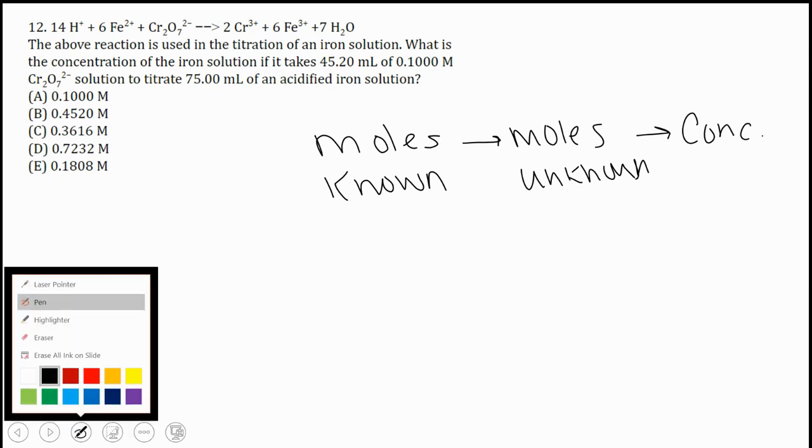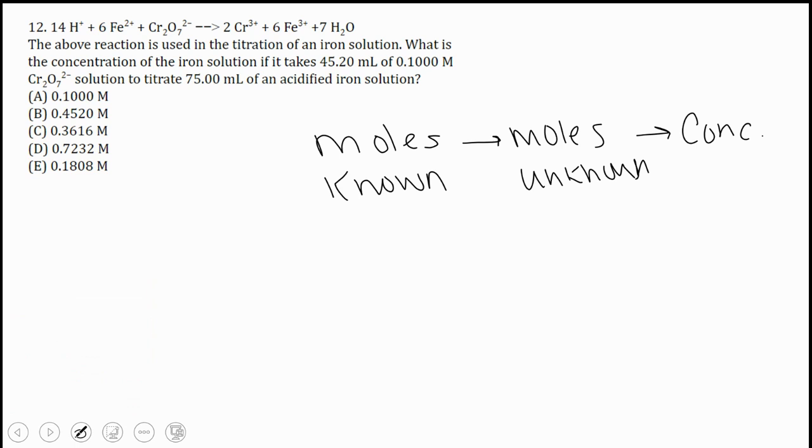In order to do this, you're just going to take your concentration of the titrant, the one that they give you, 1, 2, 3, 4 sig figs. That's molarity, and you know that that's going to be moles over liters.